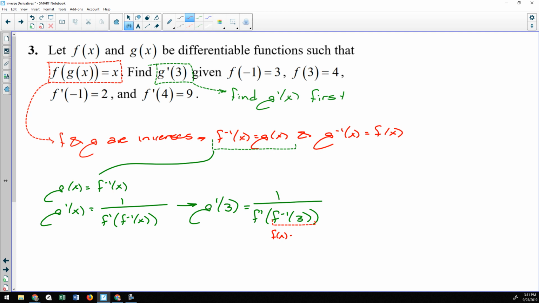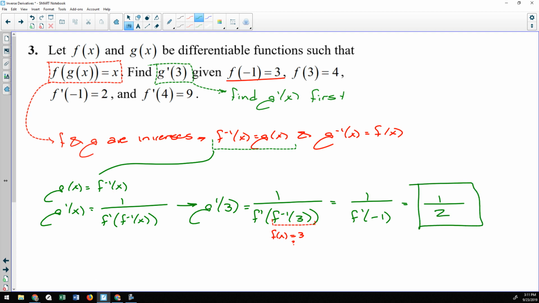So when does f of x equal 3? That happens right here at -1. So this becomes 1 over f prime of -1. And the question now is, what is f prime of -1, which is given to us up here. Again, f prime of -1 is 2, and so I get 1 over 2, and that is our answer. We wanted g prime of 3, and there is g prime of 3. So that is it for inverse functions, or inverse derivatives, that is.